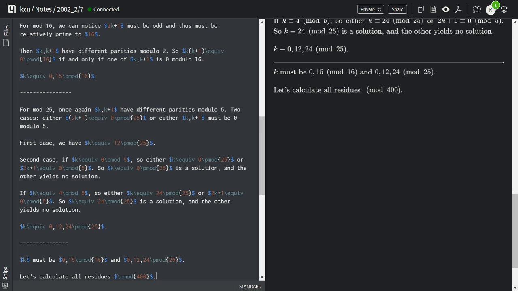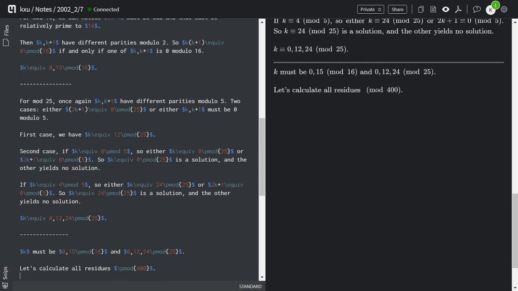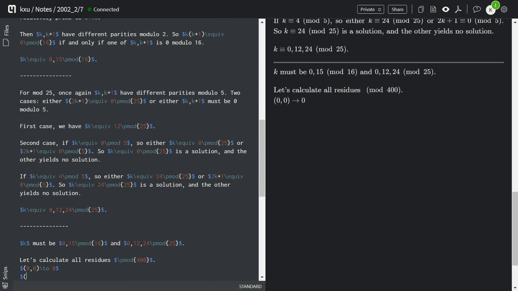Okay. So 0, 0 gives 0, of course. I'm trying to think of how to write this down so it's not messy. 0, 12 goes to, let's see, this is just the messy part, I guess.